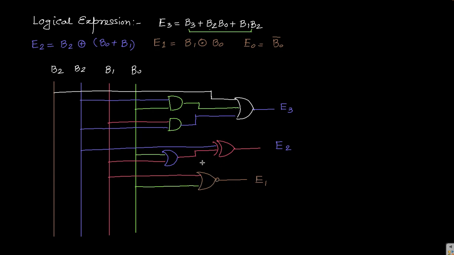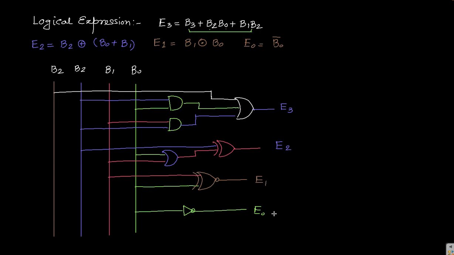Here also one arch is there, so it becomes E1. And E0 is nothing but B0 bar. It is very easy: one line, and this is your NOT gate, and we are getting E0 over here.